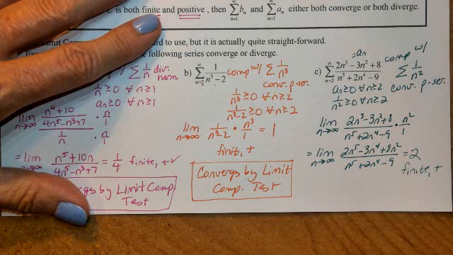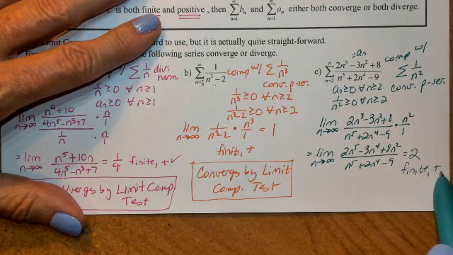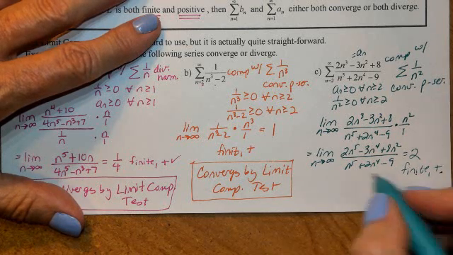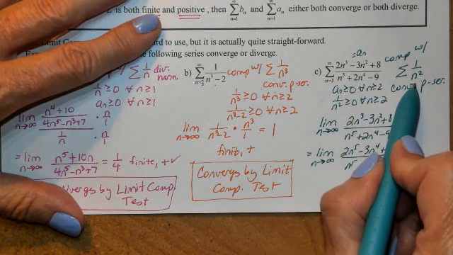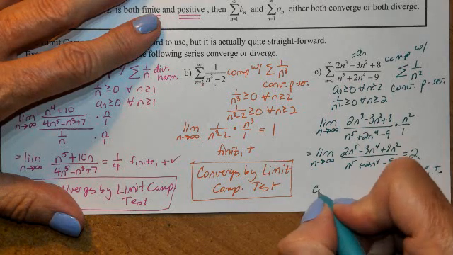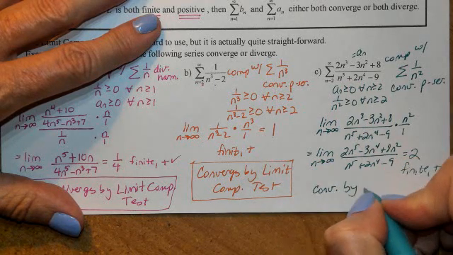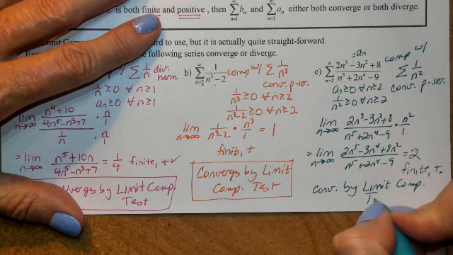In the limit comparison test, that's what you're looking for. Is this limit finite and positive? Yes, it is. So this does whatever this did. This one converged, so ours converges. Converges by limit comparison test.